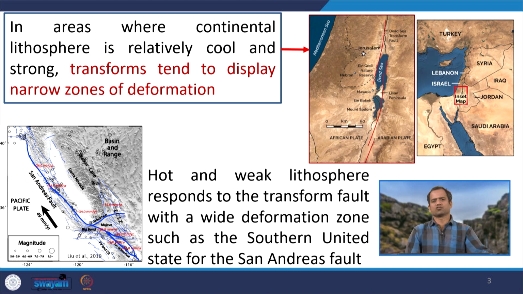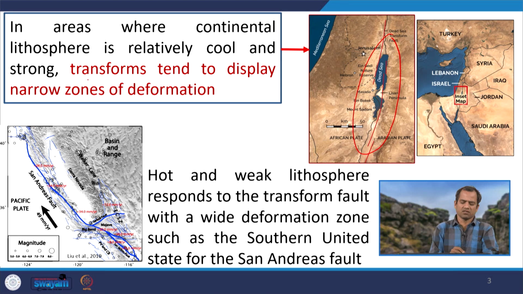For example, suppose we have a continental lithosphere which is strong, rigid and old, for example, shield areas. If we create a transform fault here, it will be narrow in nature, a narrow zone of deformation.